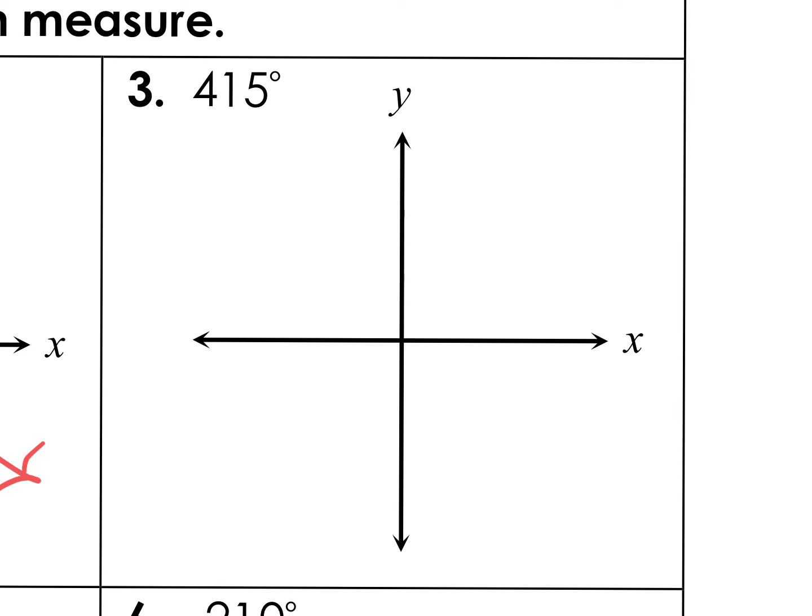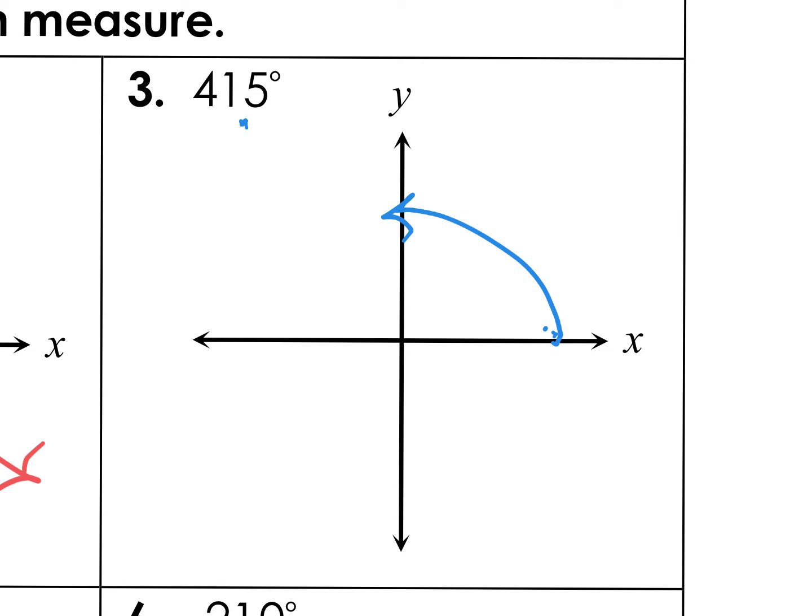415. Where would 415 go? Quarter of the way to Y? No, like 2 up and then to 3. We're rotating. If I moved my leg this far, I moved it 90 degrees.